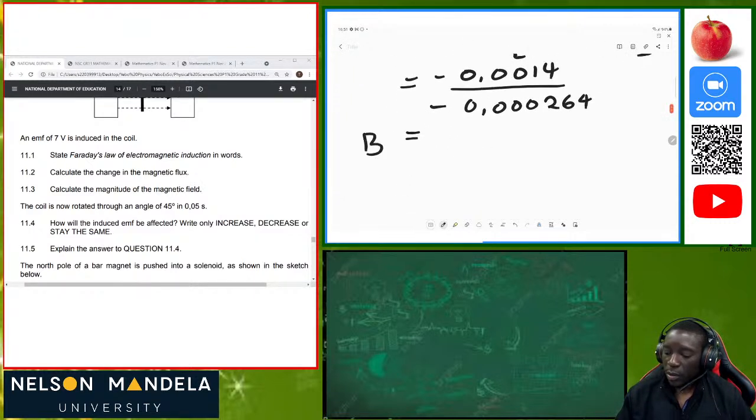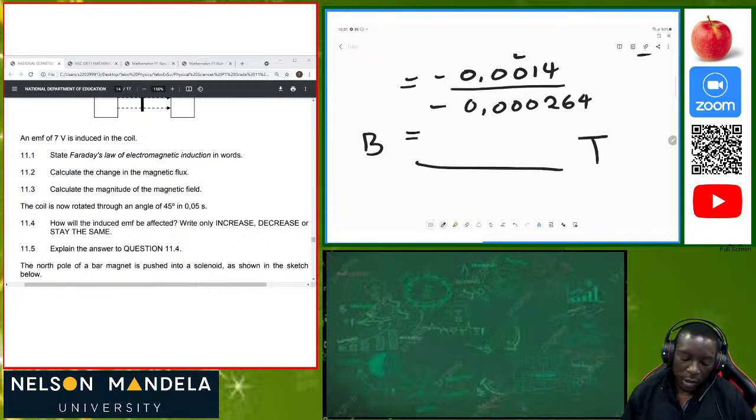So B will be something in Tesla. Tesla is the unit for the magnetic field.